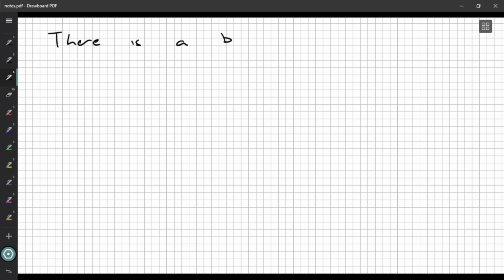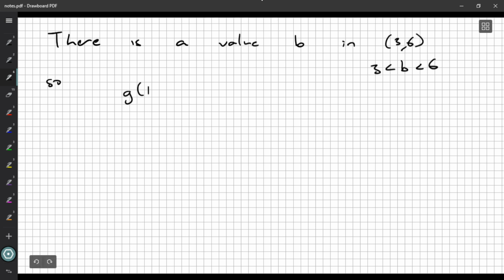Sometimes people get hung up on notation that somehow c is a special number. So we're going to say there is a value b in between 3 and 6, we could write it this way, b is greater than 3, less than 6.